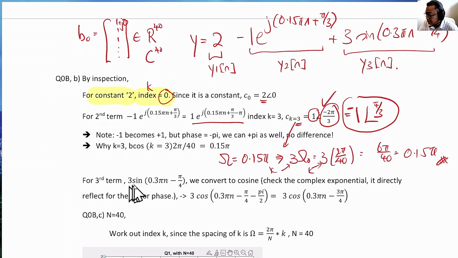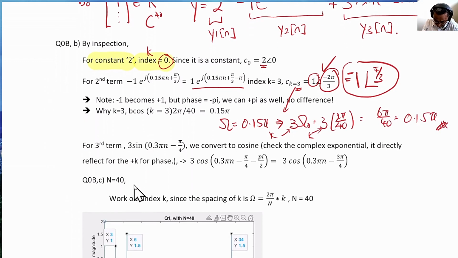For the third term, we have 3 times sine of this. As a trick, we want to convert the sine into cosine first. You realize that it is easier to convert it into cosine, because then we would have 2 complex exponentials that do not divide by the j term.